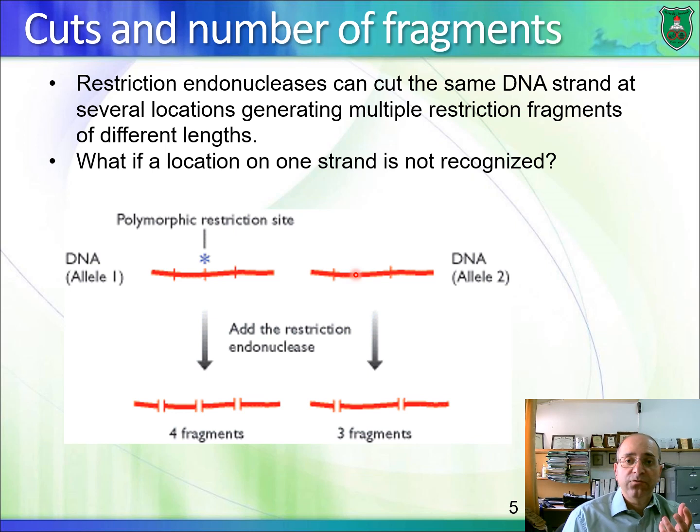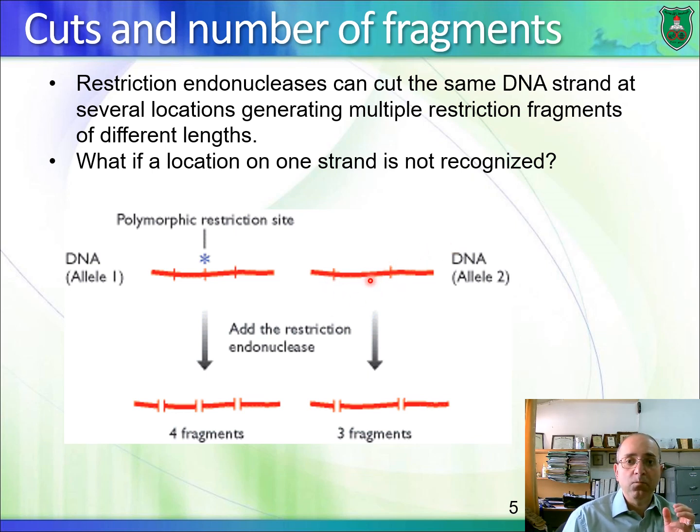So they differ. So I say that a person is heterozygous, and I have to say specifically for what? For this site right here, okay? So in this case, if I take the DNA from that person and I add the restriction endonuclease, it would make a cut right here and right there for the first chromosome, and for the other chromosome, it would make a cut right here and right there, and that's it.